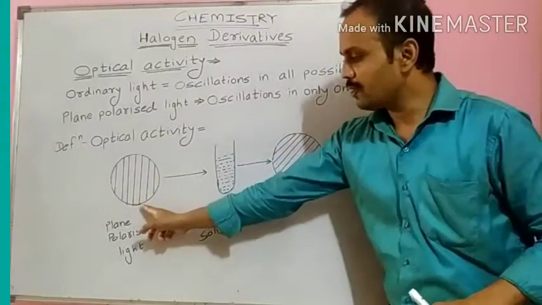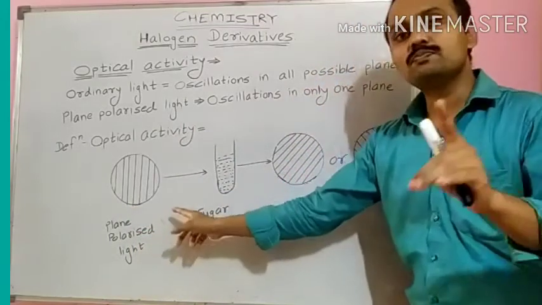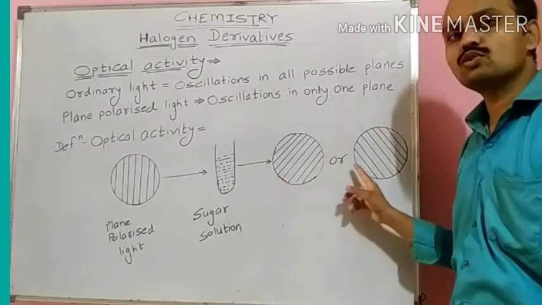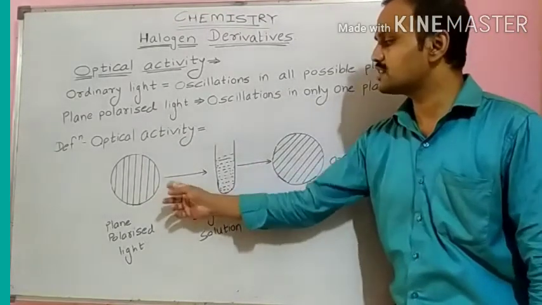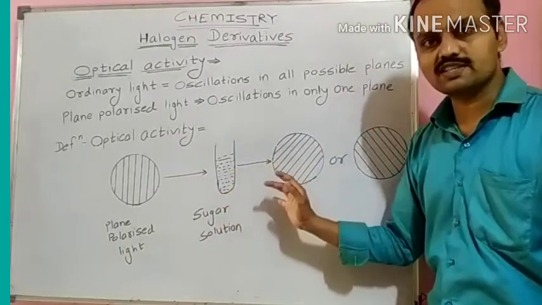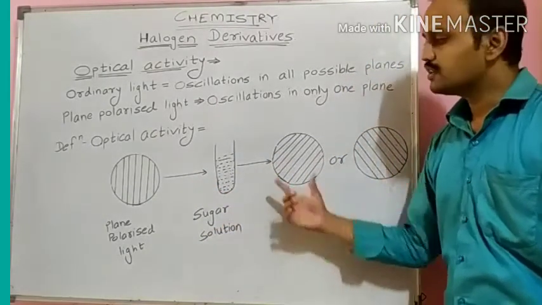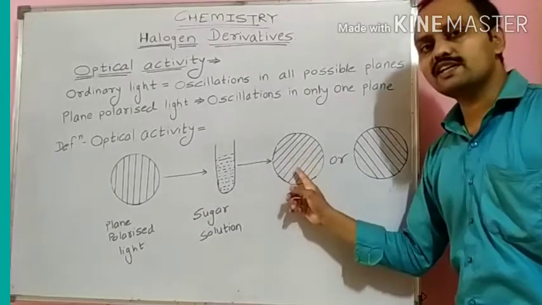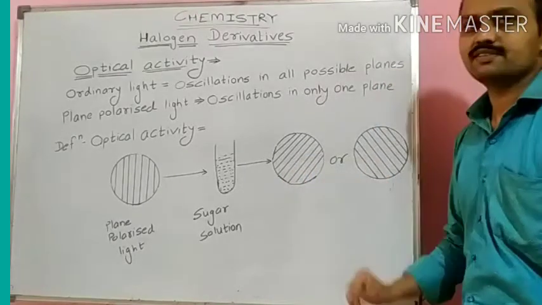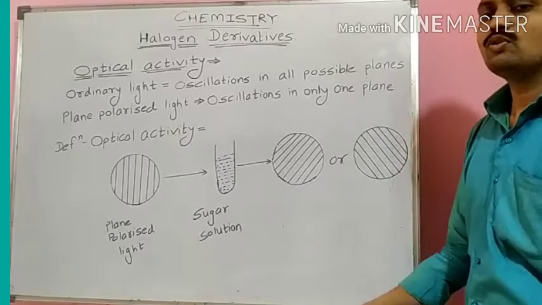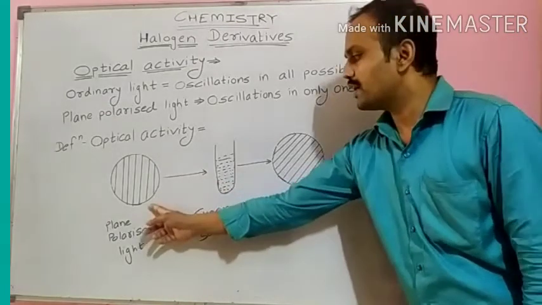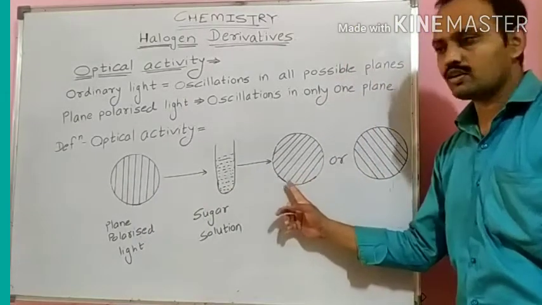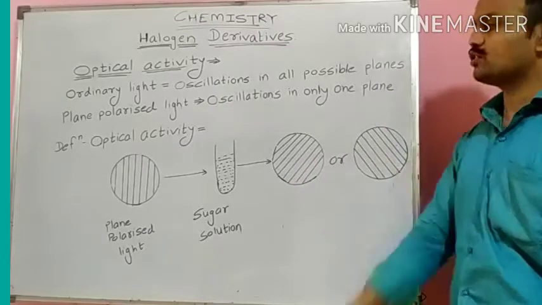This means that when plane polarized light is passed through sugar solution, it changes its rotation. Sugar solution is kept in the path of plane polarized light, and we observe that this plane polarized light changes its rotation either towards the right hand side or towards the left hand side. So we can say the plane of plane polarized light has rotated clockwise or anti-clockwise.